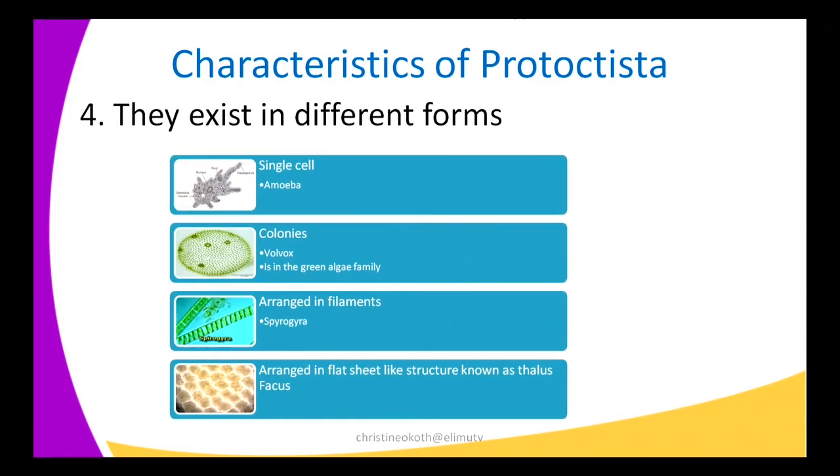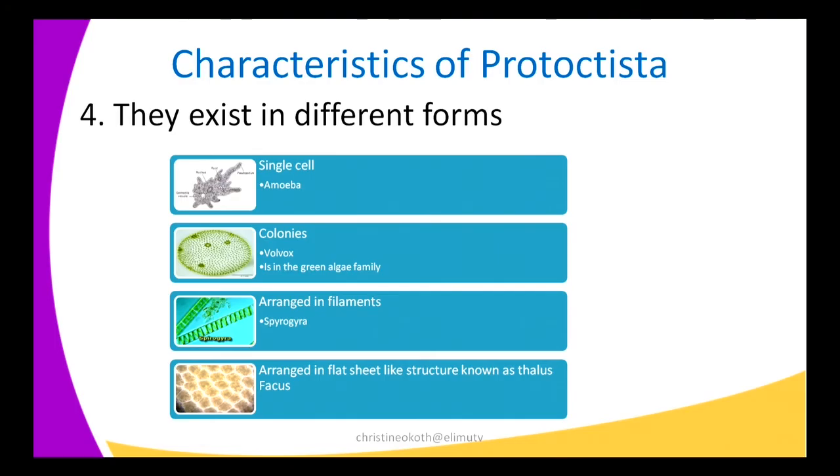The fourth characteristic of Protoctista is in terms of their forms. They exist in different forms. Some of them are single-celled, for example the amoeba, which is made of just one cell. We have other organisms that live in colonies, like Volvox, an example found in the green algae family.